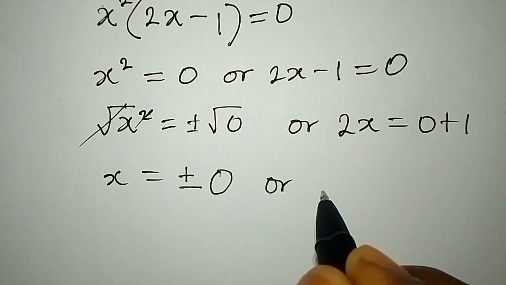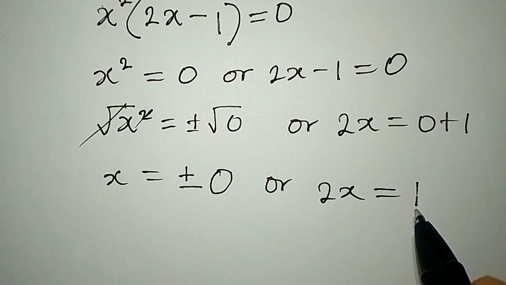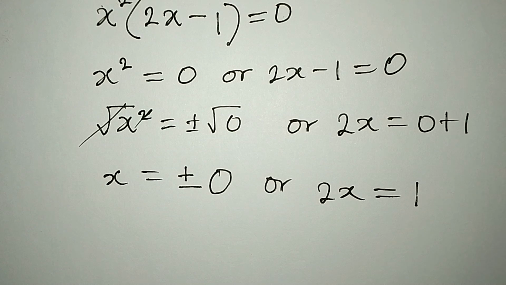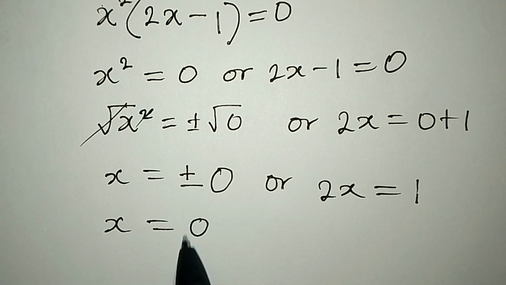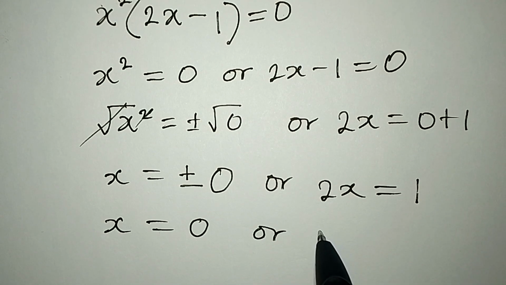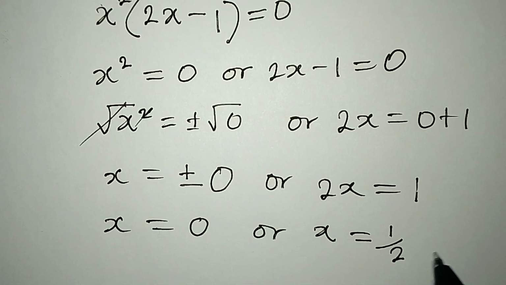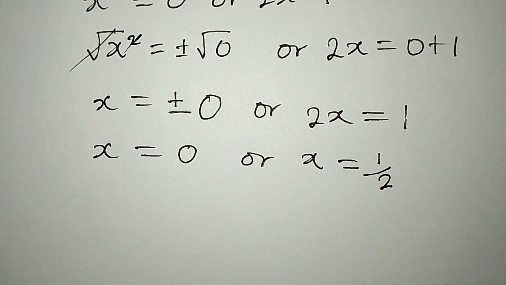Or on this side, 2x is equal to 1. But remember that we don't have negative 0 or positive 0. So we will conclude that x from here is equal to 0. Or on this side, we can say that x is equal to 1 over 2, since we are to divide both sides by the coefficient, right?